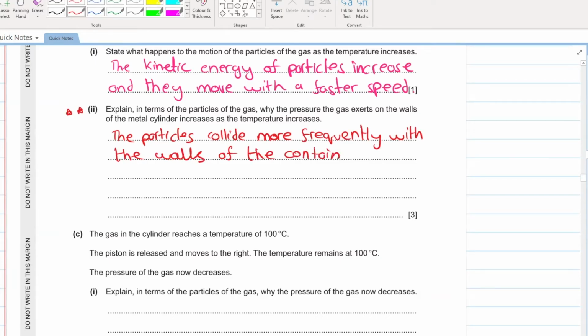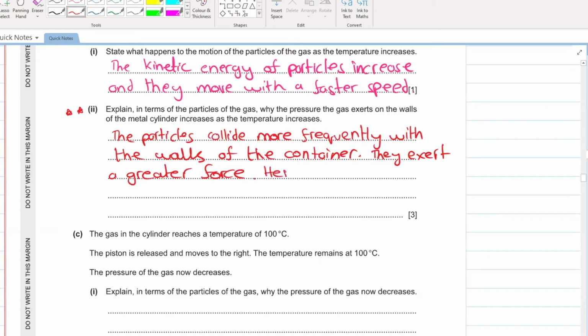As they collide more frequently, what will happen? Any geniuses in the chat? As they collide more frequently, they exert a greater force.